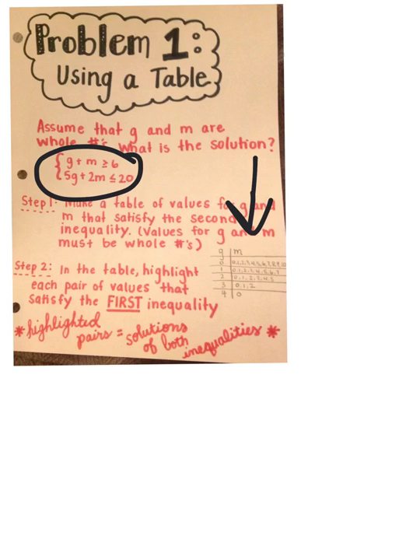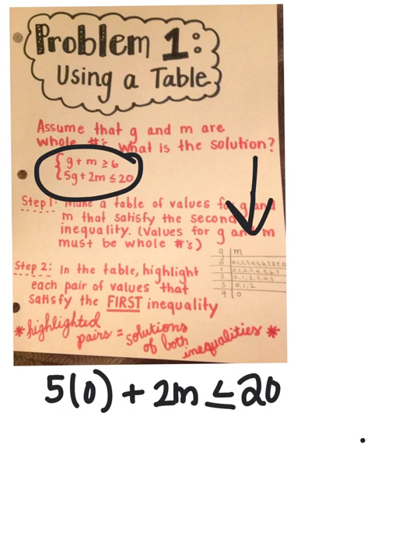For values for g and m that satisfy the second inequality. So in other words, when g equals 0, what can m equal? Remember, it's an inequality, so you're going to have more than one value for m. So just to be more clear, if I plug in 0 for g in the second inequality, I'm going to rewrite this, plugging 0 in, and then solve for m.